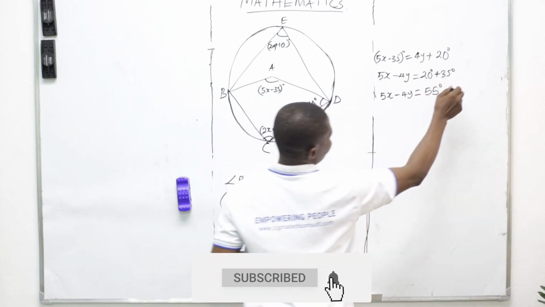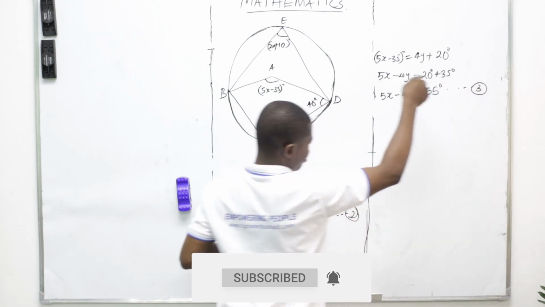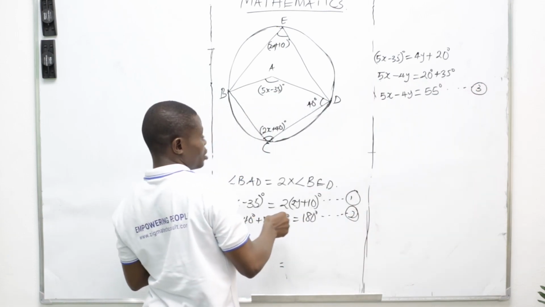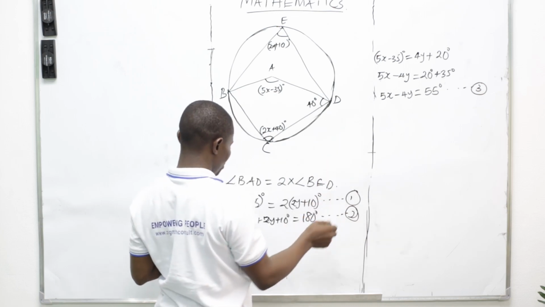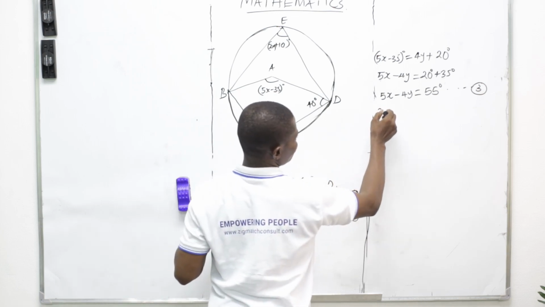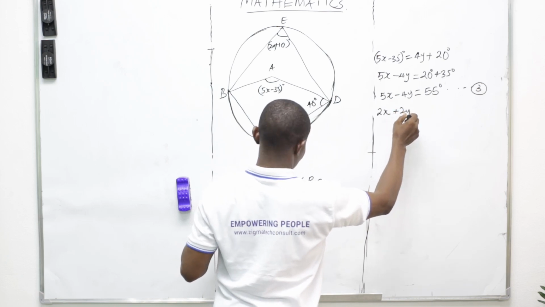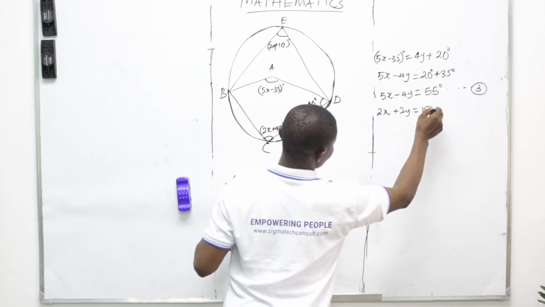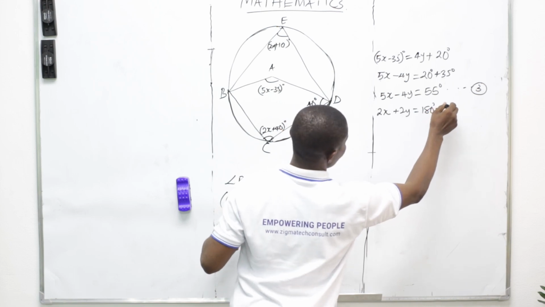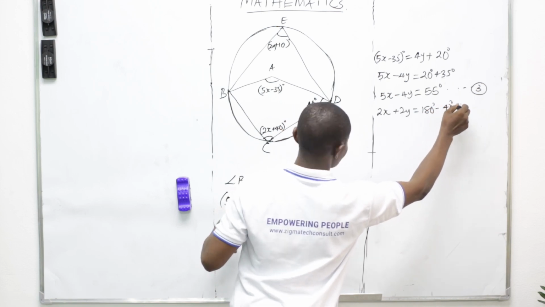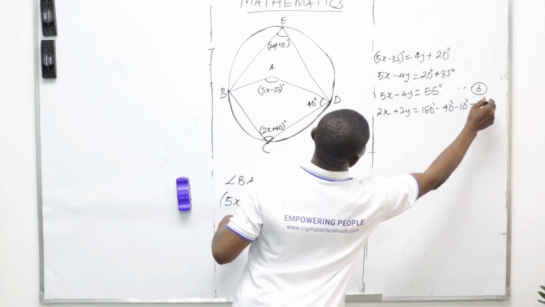If you like, you can call it equation 3, but it's by choice. Then let us standardize equation 2 by saying that 2x plus 2y equals 180 degrees minus 40 degrees minus 10 degrees, equation 4.